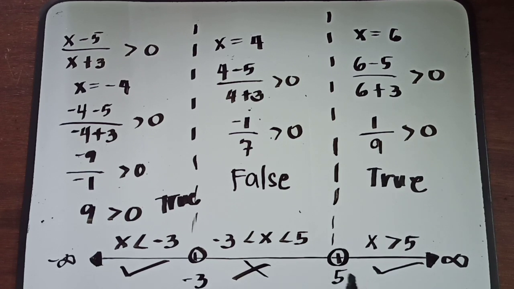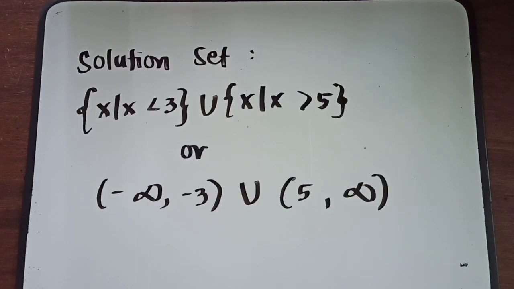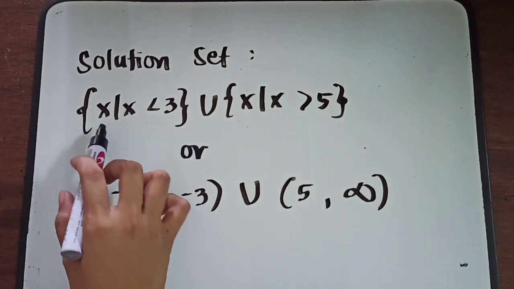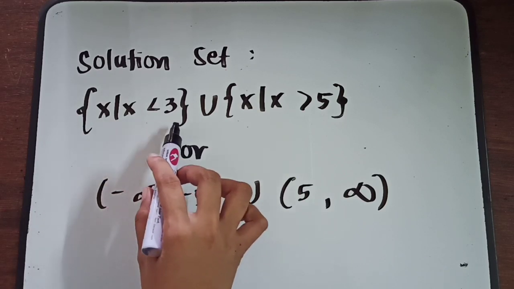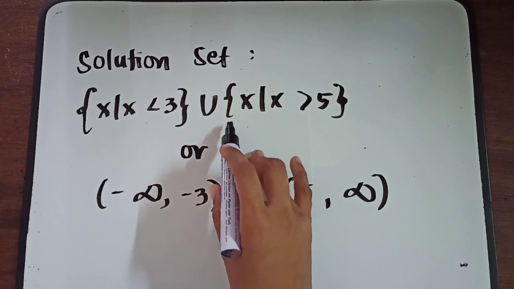Okay, so what satisfied? X is less than negative 3 and X is greater than 5. So the solution set is, whatever satisfied earlier, X such that X is less than negative 3, union. Why do we have a union? Because two intervals satisfied.